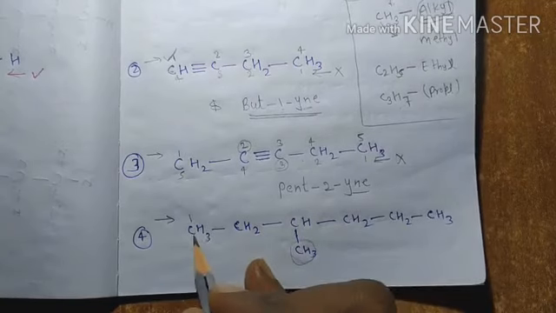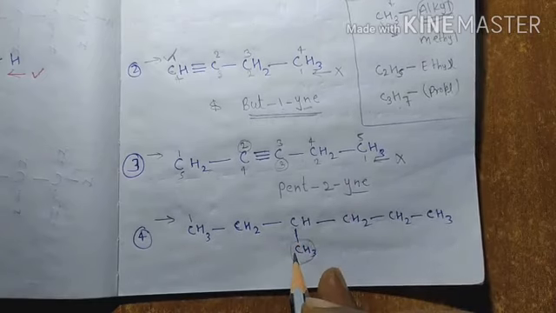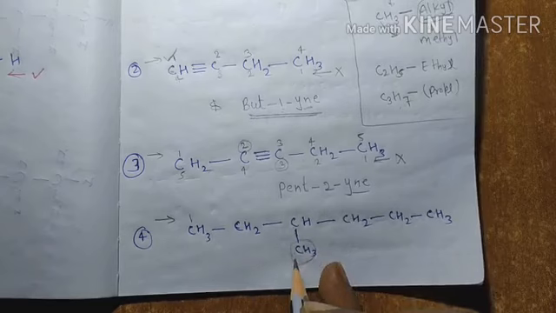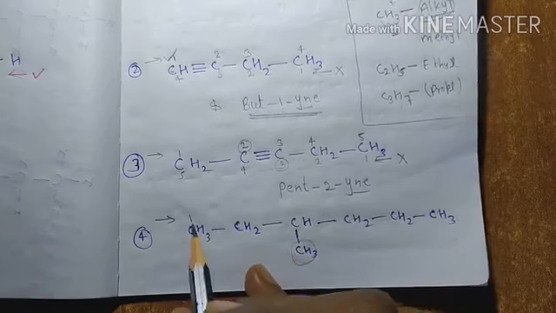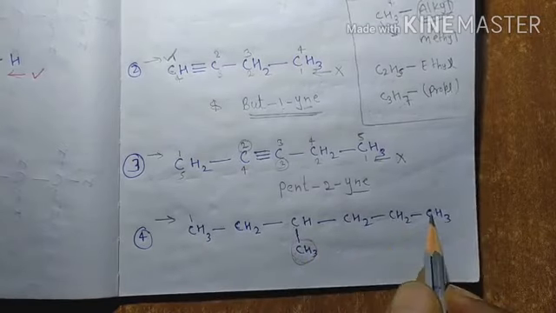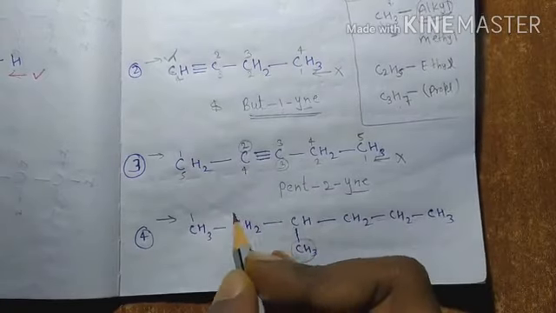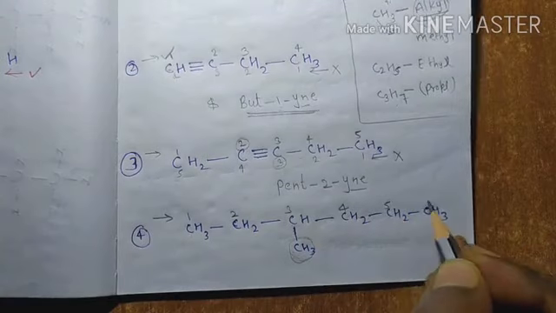If you take this one as 1, 2, 3, 4, this will be wrong. But if you take this chain, 1, 2, 3, 4, 5, 6, 6 is the longest.